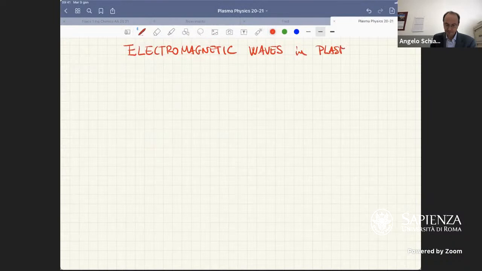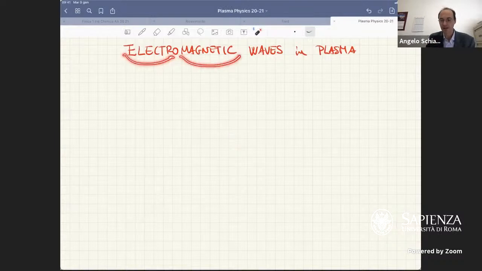And here again, let's spend a couple of seconds to analyze the name of these waves. They are not electrostatic anymore, they are electro and magnetic. So this is already telling us, using the analogy with the electrostatic term, that this time we have both the electric field and the magnetic field taking part in the wave. So both components of the electromagnetic field will be propagated in the wave inside the plasma.